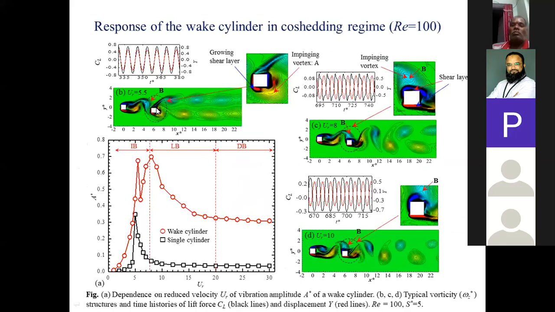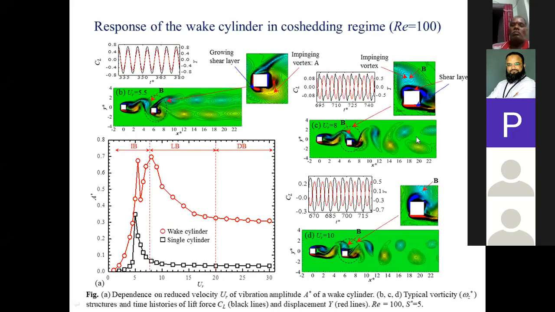Because of this stationary cylinder, you can see here the amplitude on the wake cylinder is increased remarkably compared to the single cylinder at Reynolds number 100. And correspondingly, you can identify the phase between the lift and the displacement signal here. In different branches, they are either in phase or in antiphase.